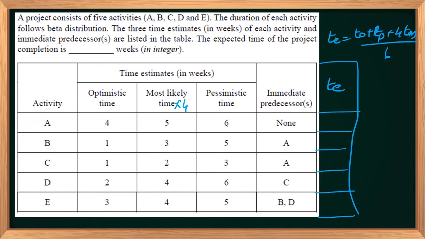So 5 multiplied by 4 is 20, 20 plus 10, it will be 30. 30 by 6 will be 5. 4 times 3 is 12. 12 plus 6 is 18. 18 by 6 will be 3. 8 plus 4 is 12. 12 by 6 will be 2. 16 plus 8 will be 24. 24 by 6 will be 4.